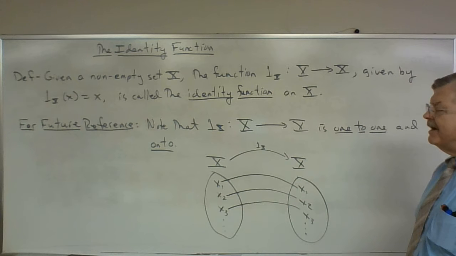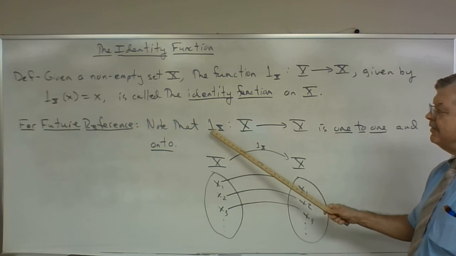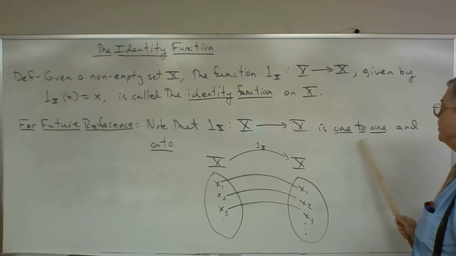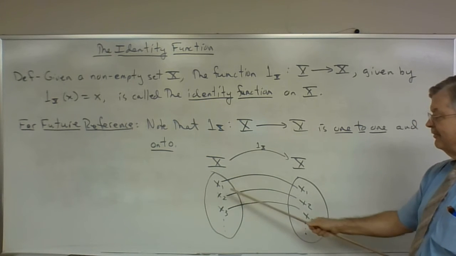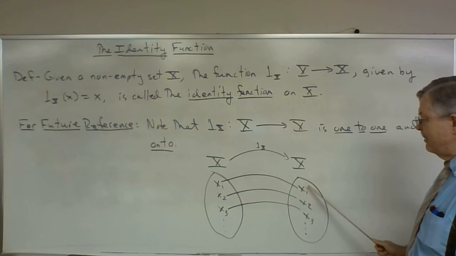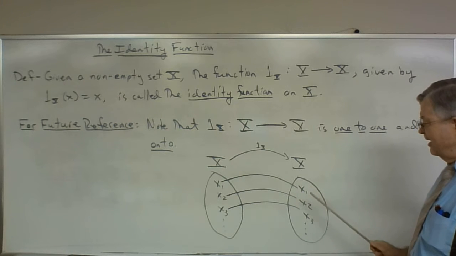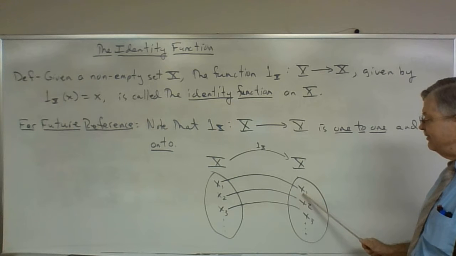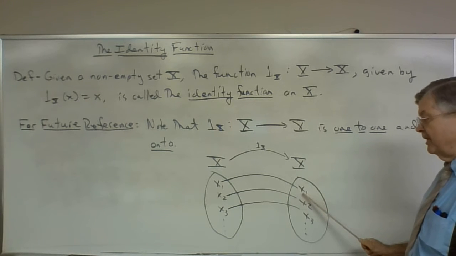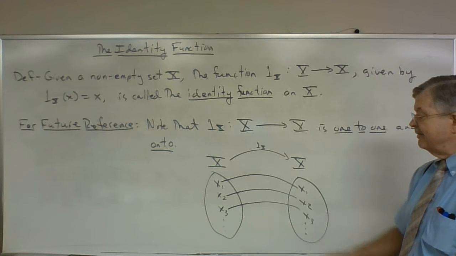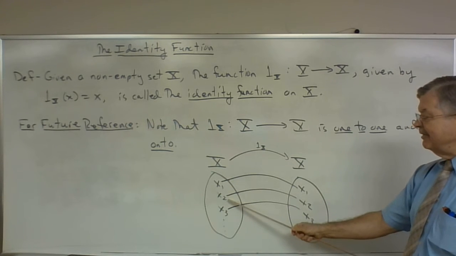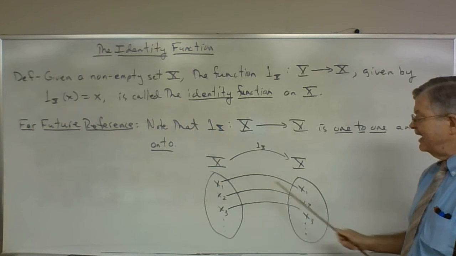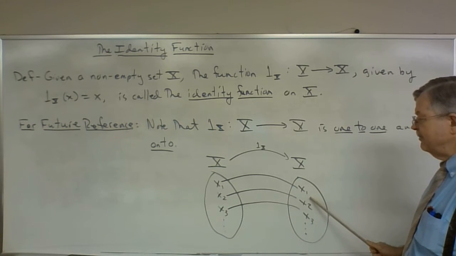Now, for future reference, notice that the identity function is 1-to-1 and it's onto, because essentially we're taking every element and mapping it to itself. Does this element have something assigned to it by the identity function? Yes, it's assigned to itself. Can any two distinct elements be assigned to the same element over here?